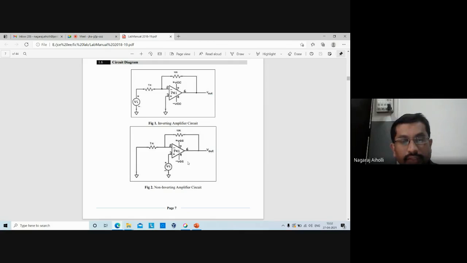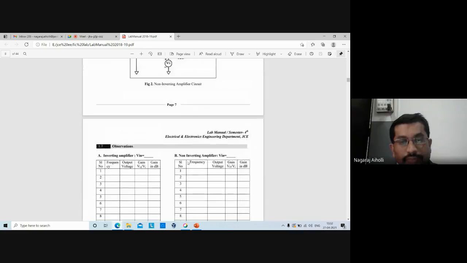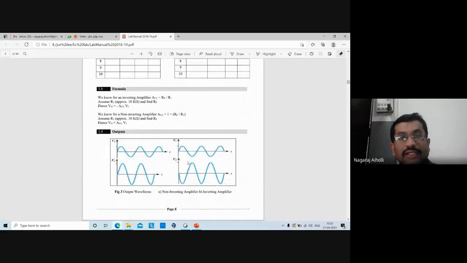So in the non-inverting amplifier circuit, the output is of the similar nature as that of the input. If input is positive, output is positive. If input is negative, output is also negative. But what is the difference? It is an amplifier circuit.